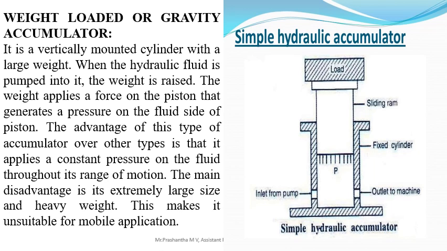When the hydraulic system requires a large amount of pressure energy, the accumulator starts supplying it and the ram moves down. So we can conclude that the accumulator supplies the pressure energy either suddenly or intermittently.